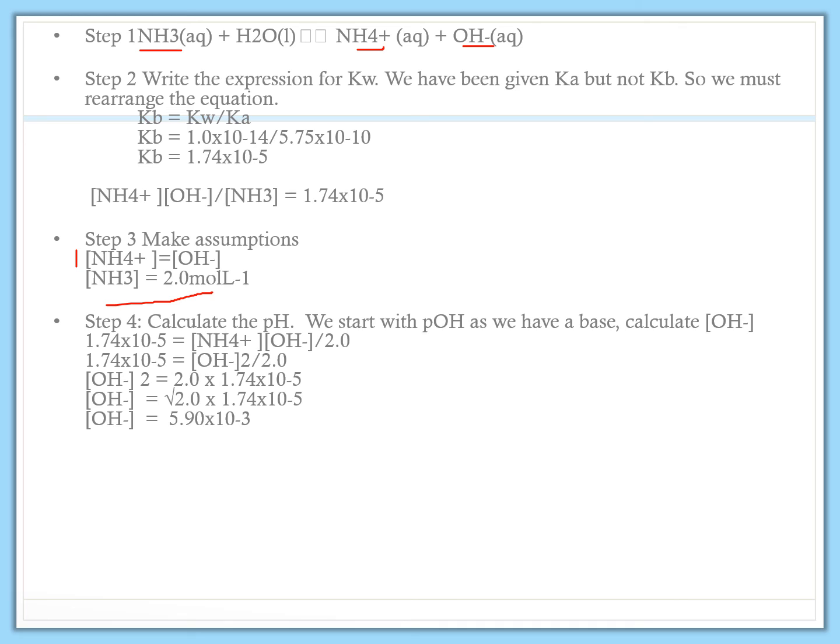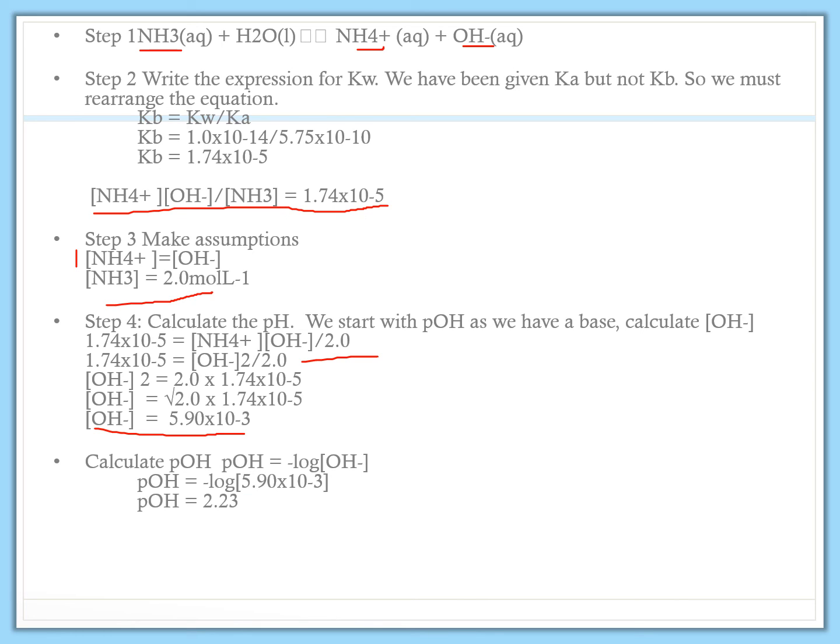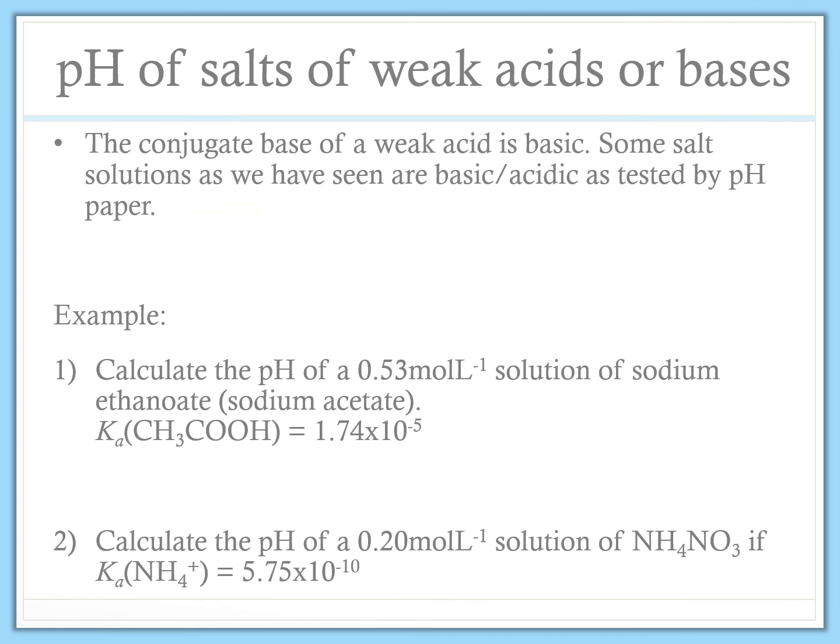We start with pOH, because we can find the OH, so we calculate the OH, which we do by using the Kb equation here. And then once we have the concentration of hydroxide, we can find the pOH, which is this, and then we can calculate the pH by just subtracting it from 14. So pH is equal to that. And that is our answer.